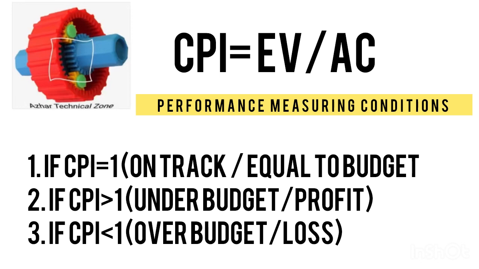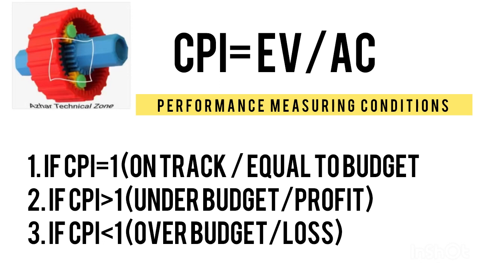If I give you an example, earned value is the amount which we are claiming to the client. Suppose we have claimed $100,000 to the client as earned value, and the actual cost is also 100,000.